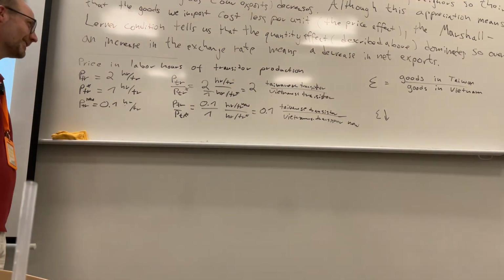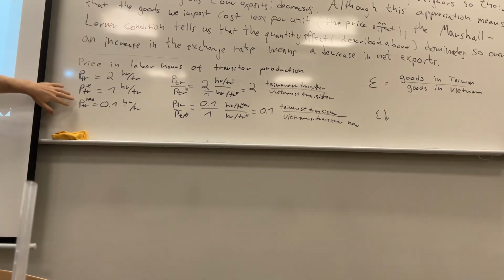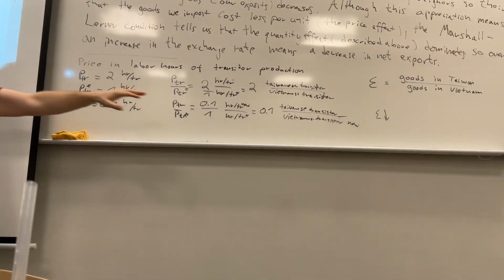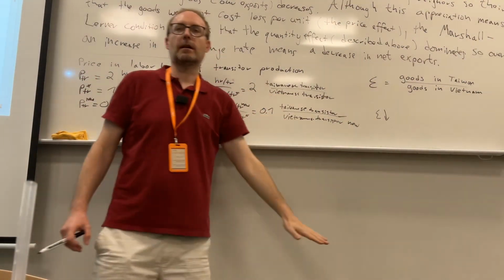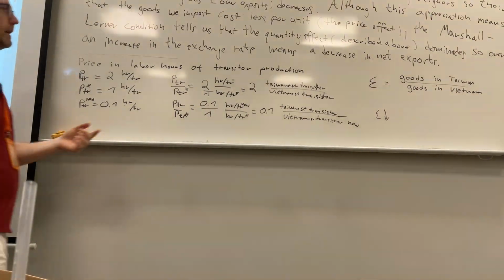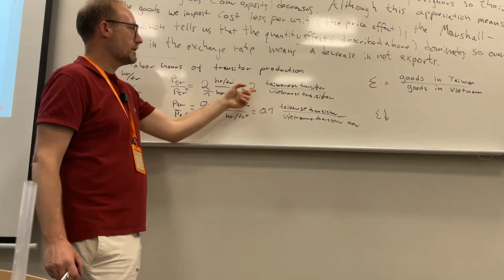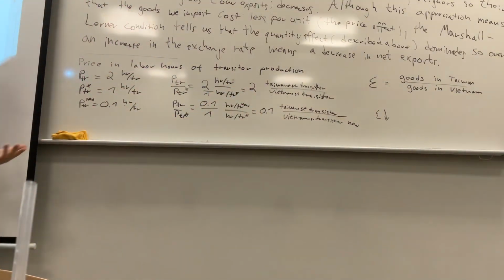Right, so we achieve an increase in competitiveness through a decrease in our real exchange rate. Right? What does this mean? The decrease in the real exchange rate means essentially the Vietnamese transistor before was expensive.